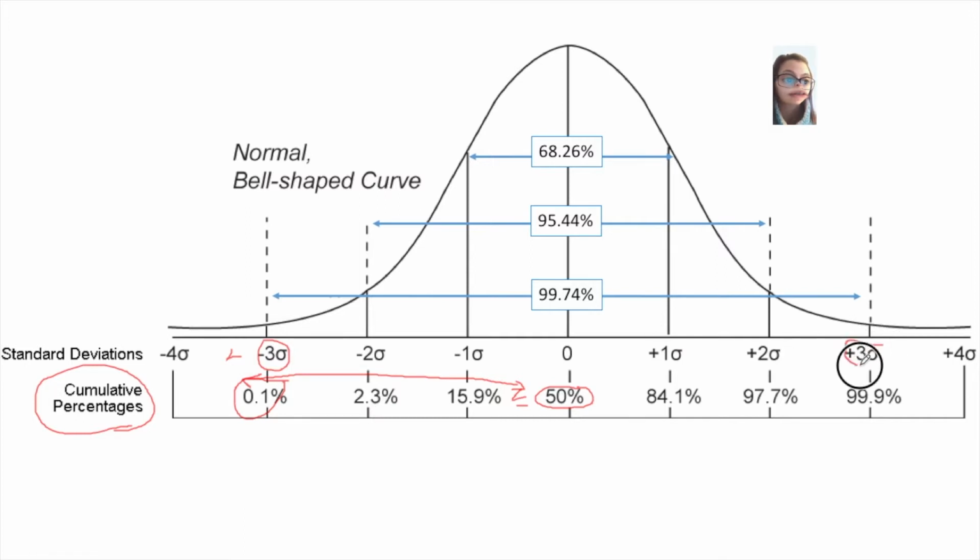That's also true when you look at this portion that is 3 standard deviations or more above the mean. You see that 99.9% of people should score lower than 3 standard deviations above the mean, which means that only 0.1% of people should be that high in whatever construct you're measuring.